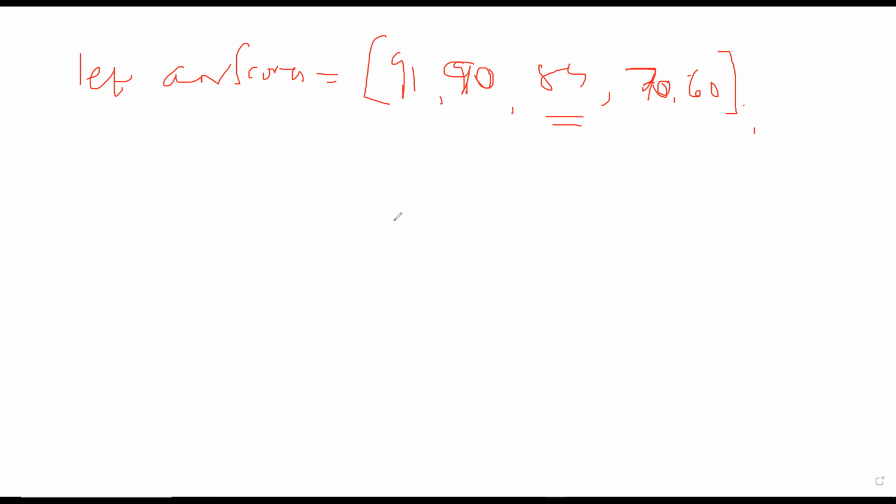Joshua, how do I call out the value of 89 from the array? You can see this is our array of scores. These numbers are the scores of a student.